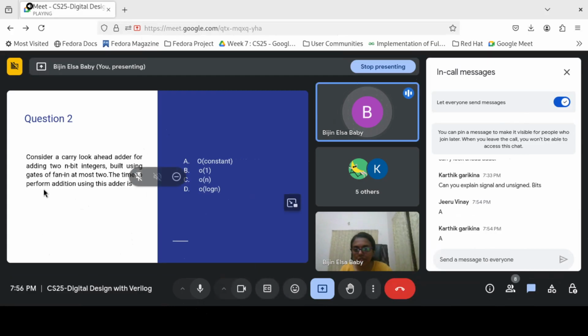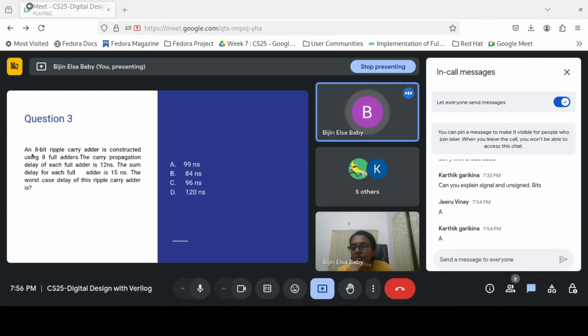In this question, the time complexity is determined by the depth of the carry logic, which grows logarithmically with the number of bits in the input. So the right answer is time complexity of log n.